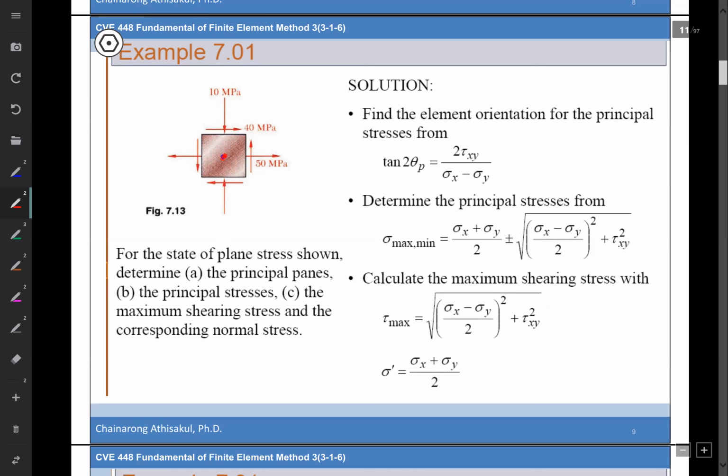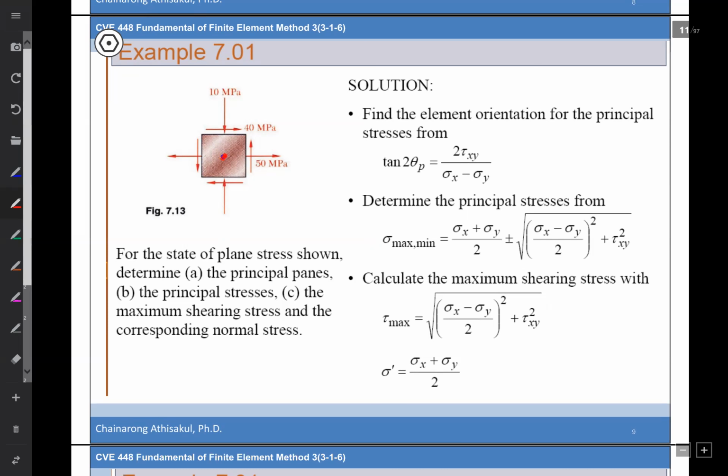Okay, so if we consider this, can you write the state of stress or the stress tensor according to this picture?